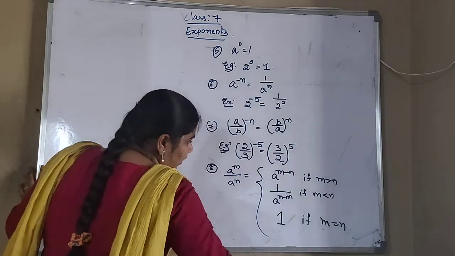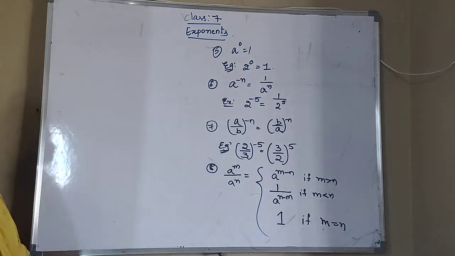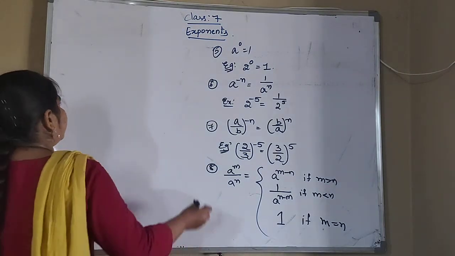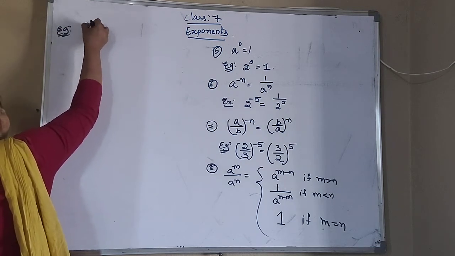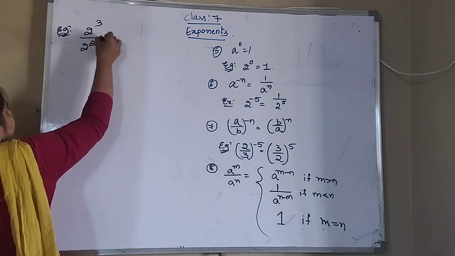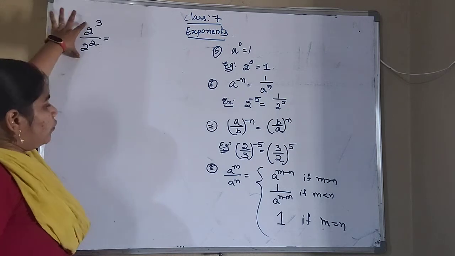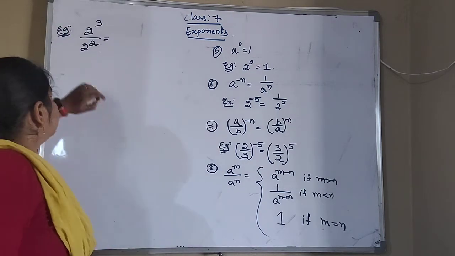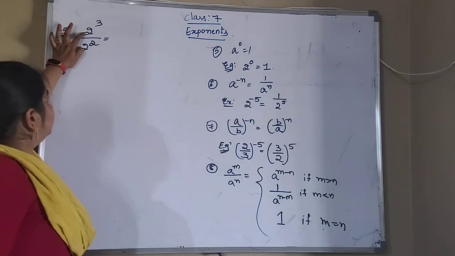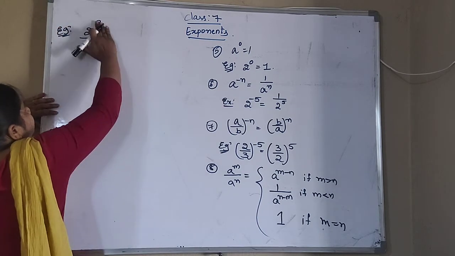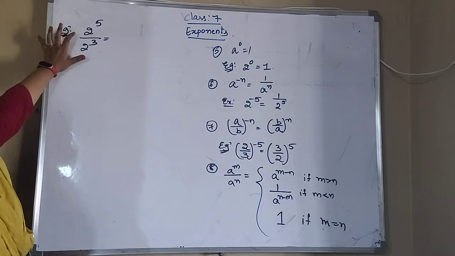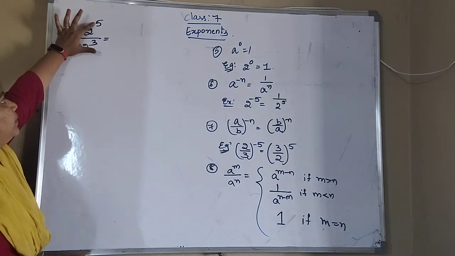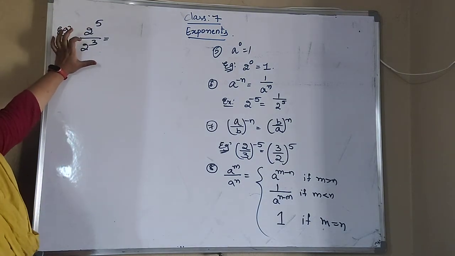So what is the first one? m is greater than n. I am taking the example 2^5 / 2^3. Now this is in this form: a value is 2, m value is 5 and n value is 3.